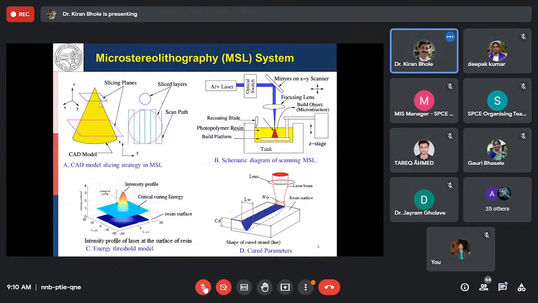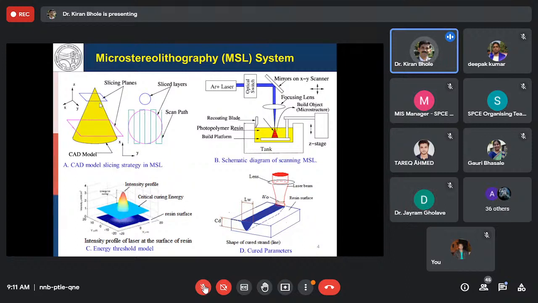The CAD model can be developed in any software such as Pro-E, CATIA, SolidWorks, or Autodesk. You can use any of these CAD modeling software to develop a CAD model. So this is the first step.